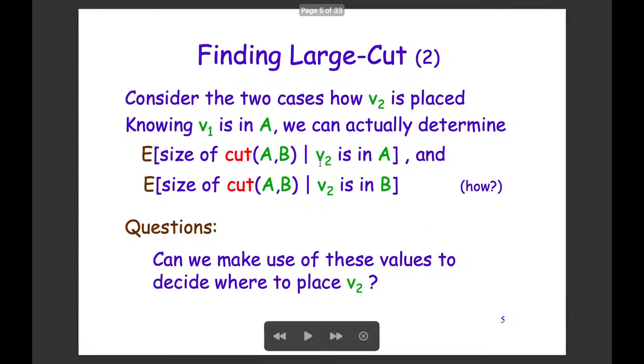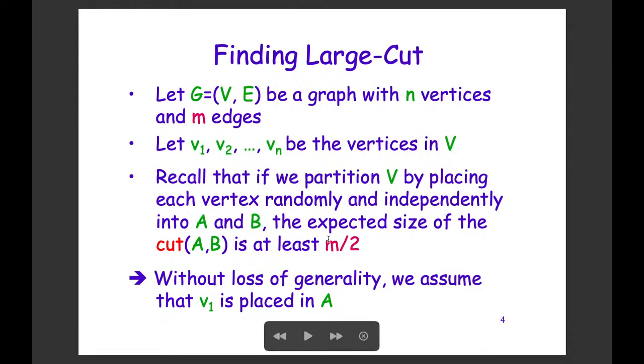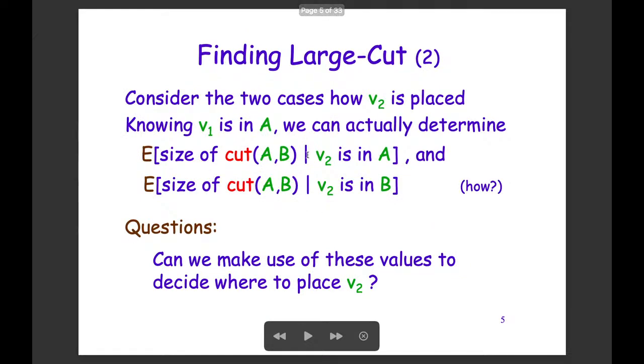Here, what we know is that if we put V2 in A and if we put V2 in B, one of these two terms must be greater than or equal to m over 2. Initially, it is m over 2. But with the extra condition V2 in A or V2 in B, one of them will be greater than or equal to m over 2. So we are going to put V2 in whichever term gives a larger expected value.